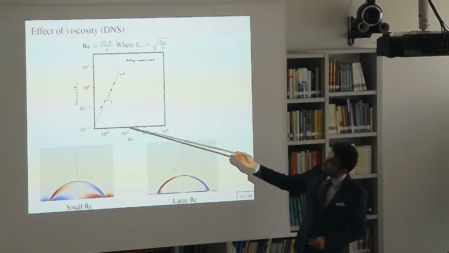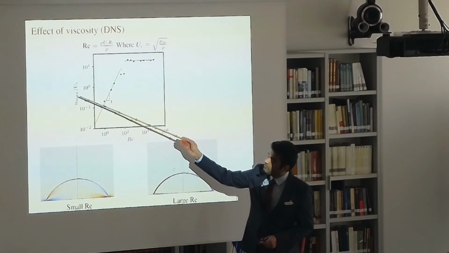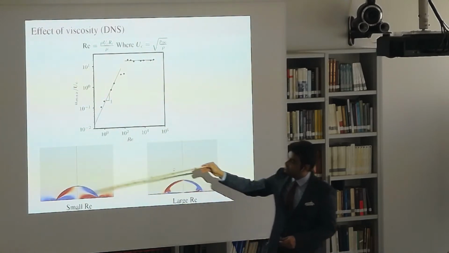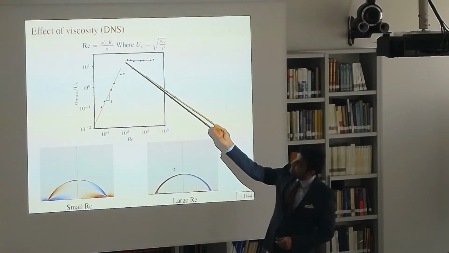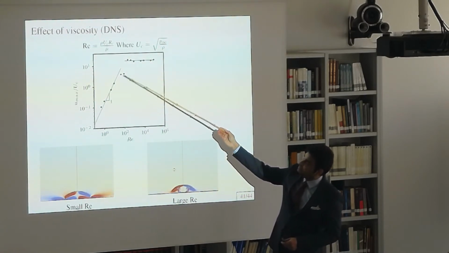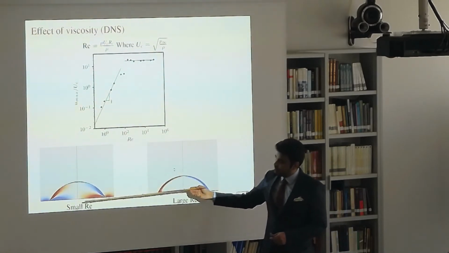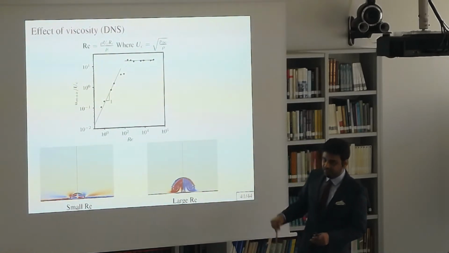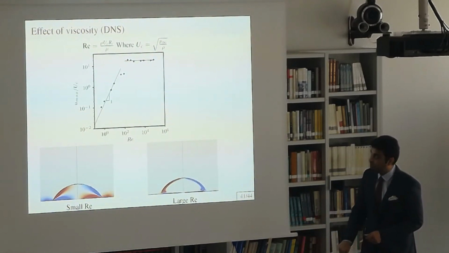We see a transition at around a Reynolds number of 100. What I show you here is the maximum velocity that occurs during the collapse as a function of these Reynolds numbers. We see that at around a Reynolds number of 100 there's a jump in velocity, and at this point the bubble does not form a jet, and the viscous solution dominates over the potential flow solution.